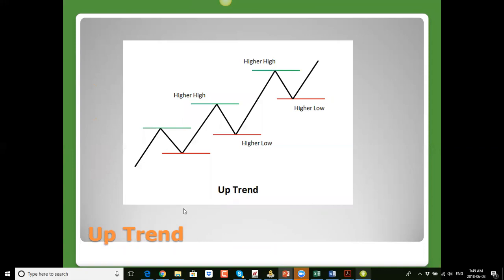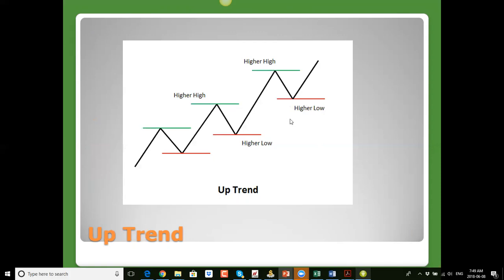All right, so the definition of an uptrend is when the price is making higher highs and higher lows. One thing to be very careful about when we are looking at market trend is that we are comparing the highs to the previous highs, and we're comparing the lows to the previous lows. We do not want to compare the low to the previous high, because it doesn't have to be higher than the previous high here.